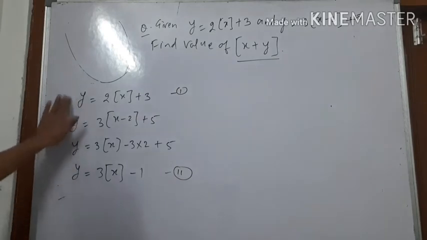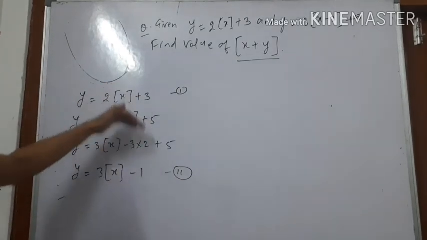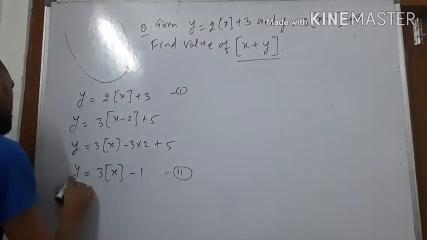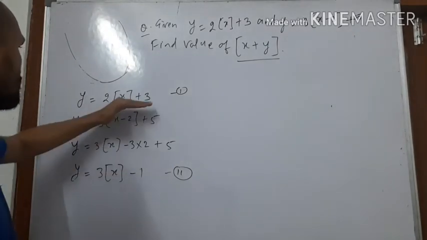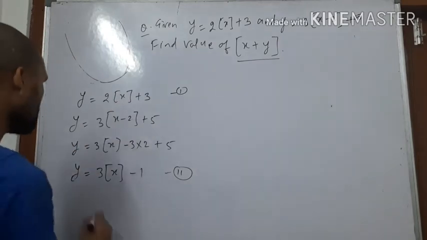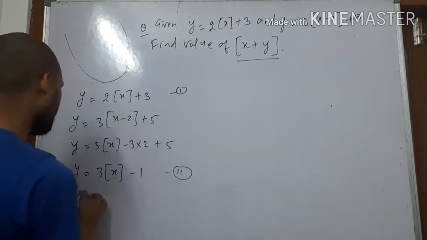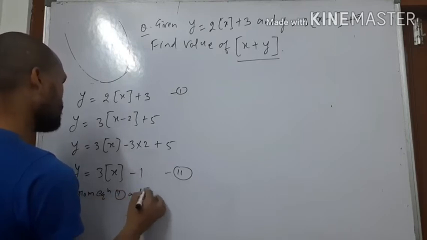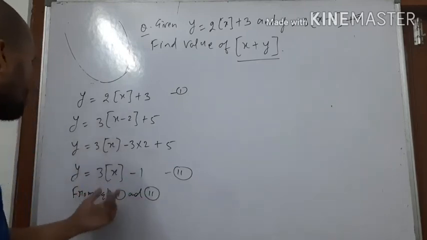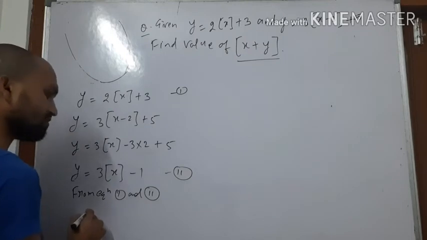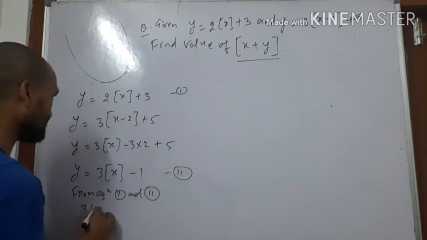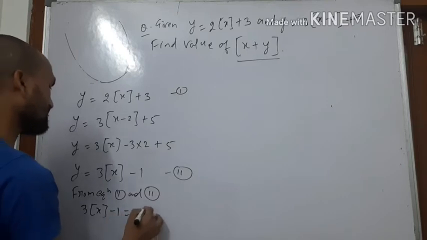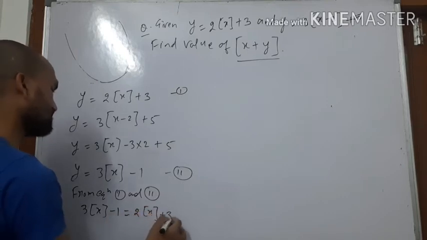So the left sides are equal, so we can equate the right sides. From equations 1 and 2, their RHS are equal. So 3 greatest integer x minus 1 is equal to 2 greatest integer x plus 3.